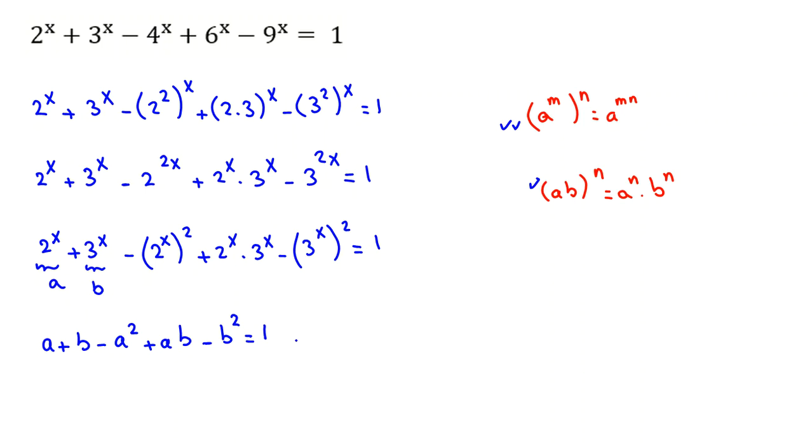Now, when we have something like this and we want to work with real numbers, one thing is to take all things to one side. For example, I take all things to the right side: a squared, plus negative b plus a squared minus... sorry, a squared... plus a squared, ab will be negative ab, negative b squared, and 1 is on the right side, so we write plus 1.